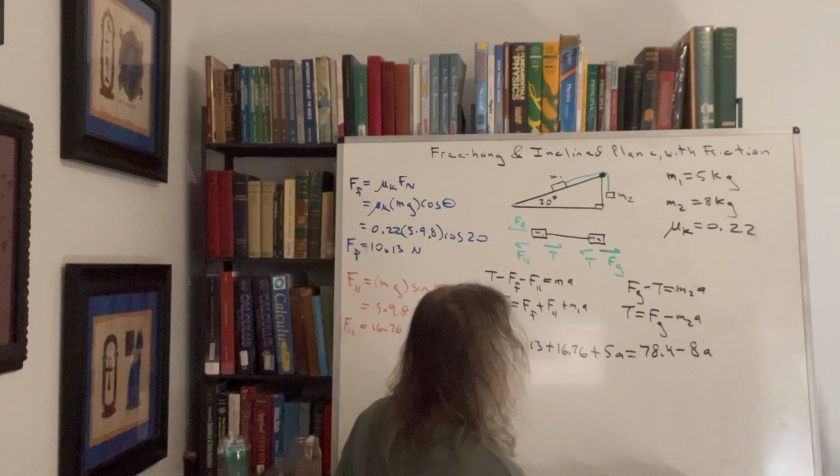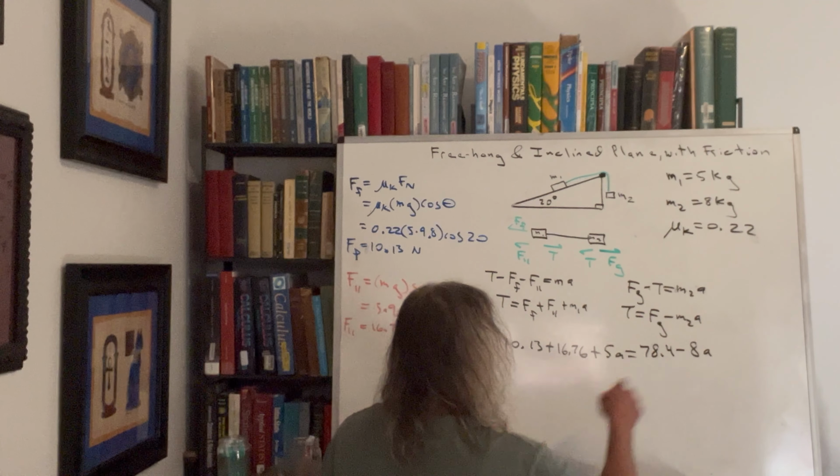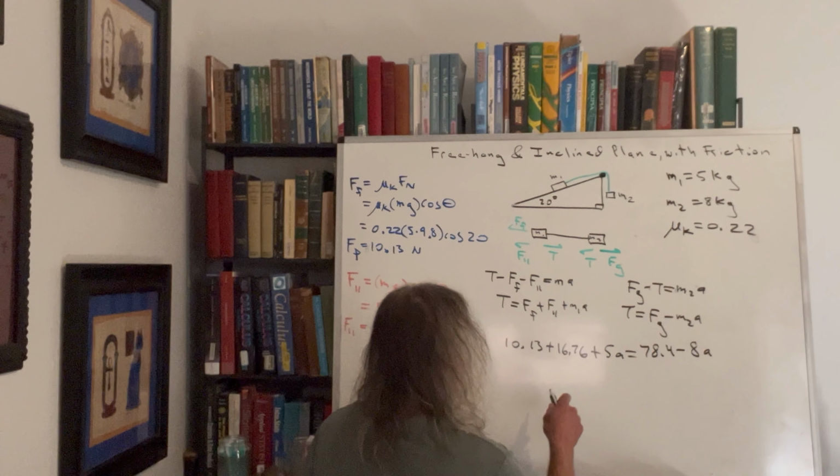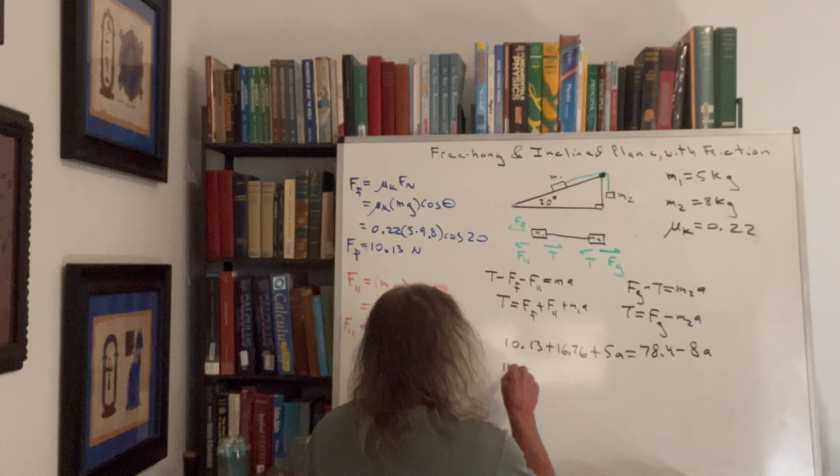Then move this over. So 10.13 plus 16.76 minus 78.4 equals negative 13A. And solve.